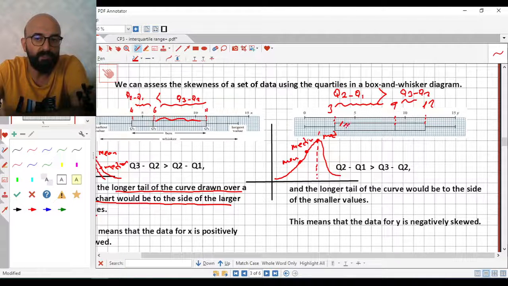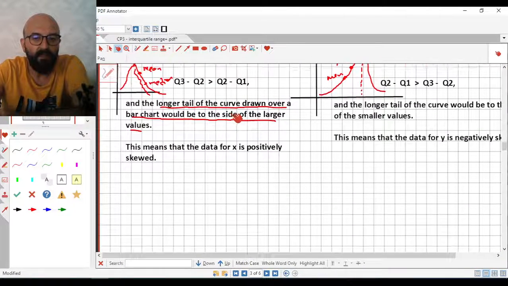The smaller values are spread over a large range, and in these box and whisker diagrams, some values come here.